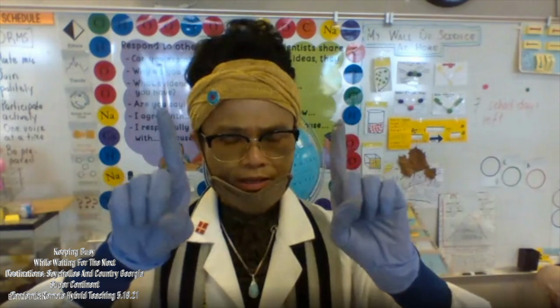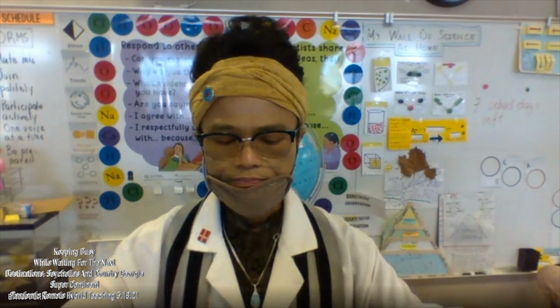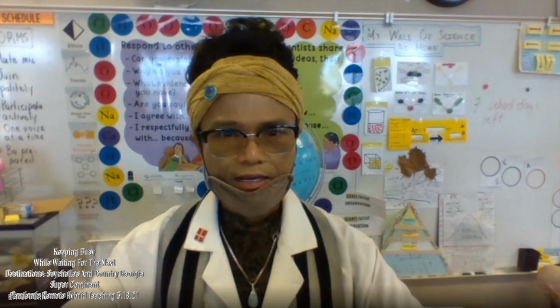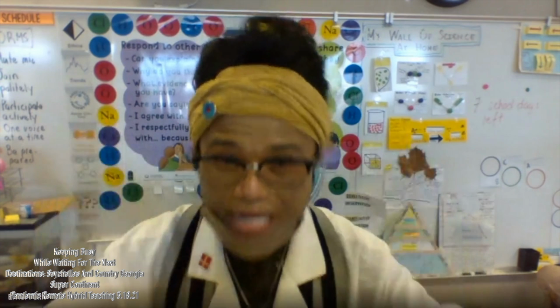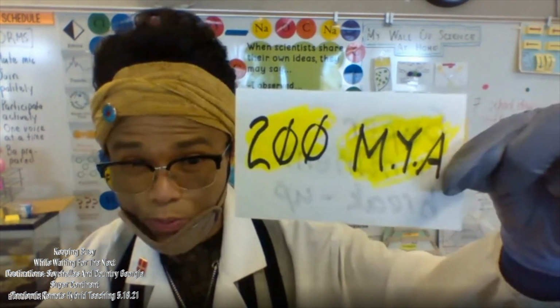Now, this is all about how the different continents appeared in donkey's years, meaning many years ago. Many, many, as in, let us say, 200 million years ago.